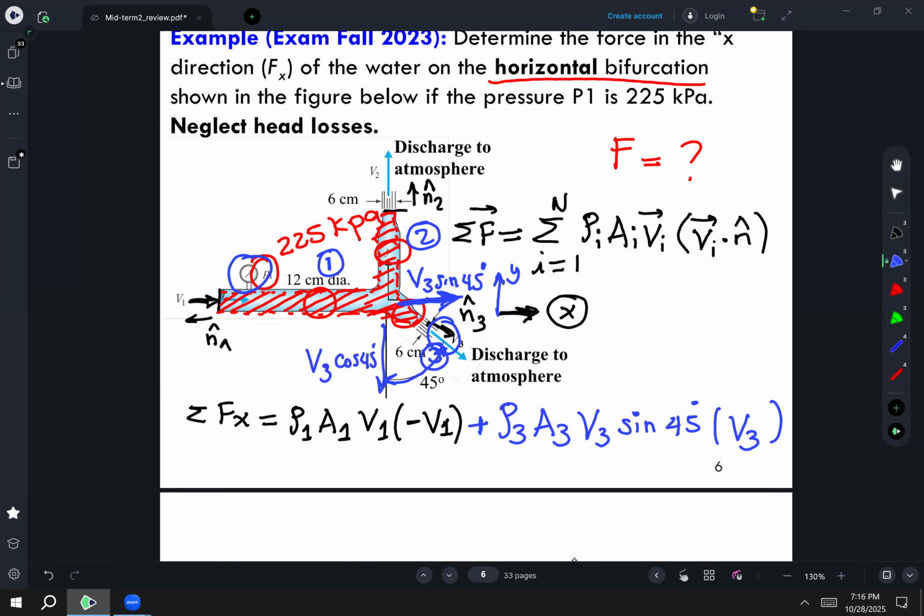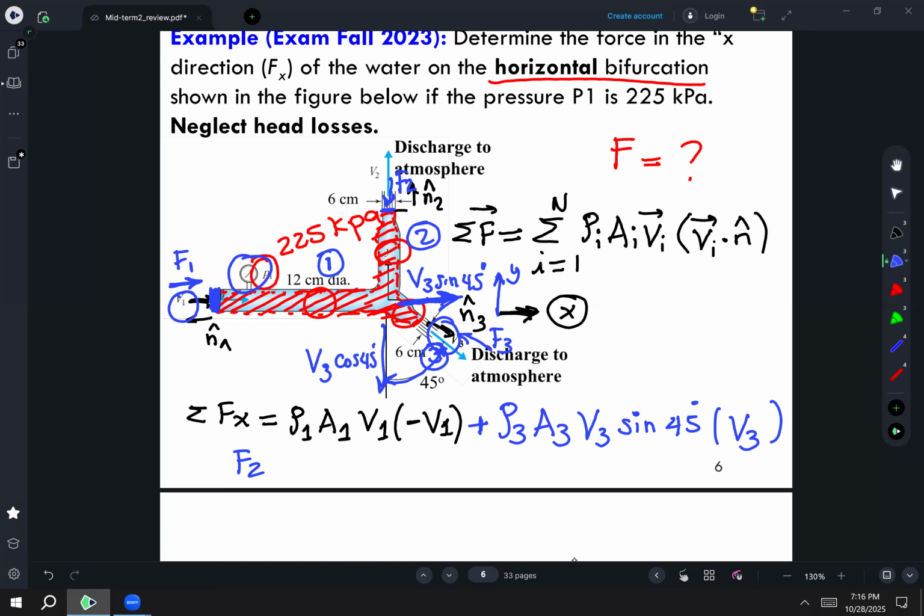Therefore, the force. So we have to ask ourselves what this water is doing to my control surface. Basically, it is pushing with a force F1. Okay. What about here? We also have a force F2 here, and here we have a force F3.